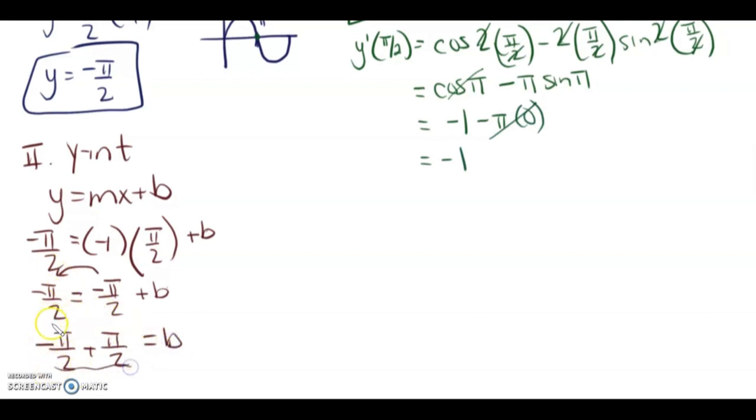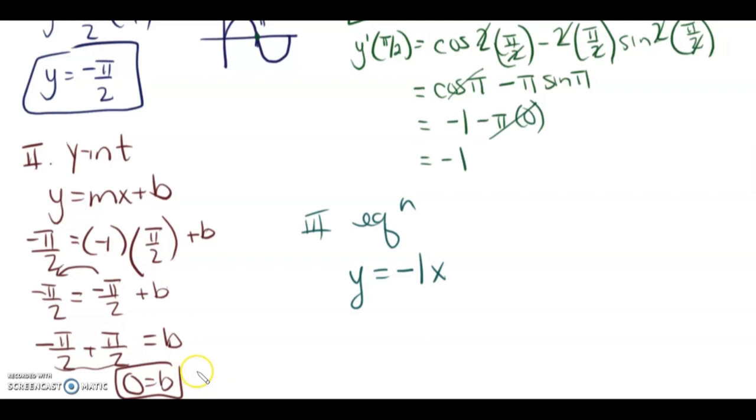And these two are the same but opposite signs, so we have 0 equals b. So simply our step 3 is write the equation. So the equation of our tangent line is y equals -1x. Okay, because you don't have to write here plus 0. So that's it, -1x.